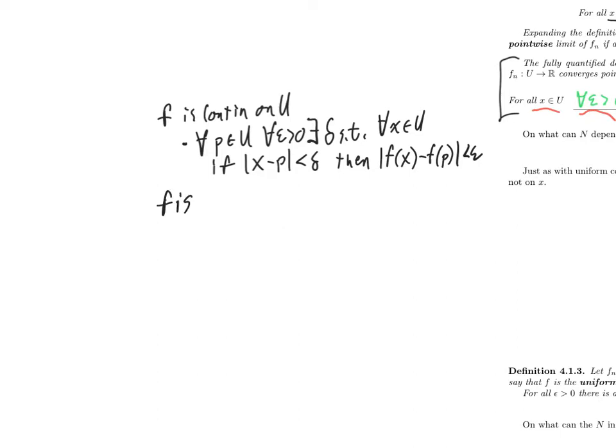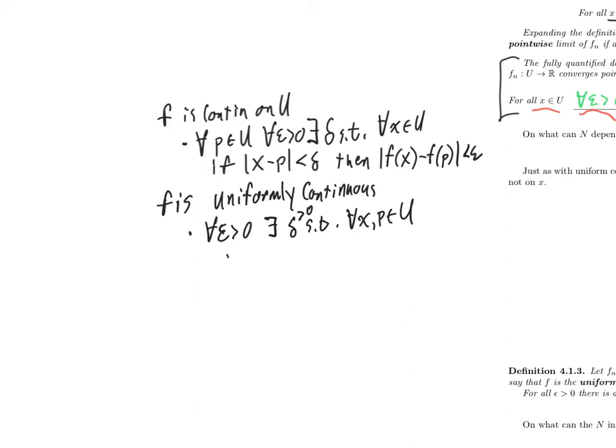We uniformized this definition by saying that the delta has to be the same for every x value. f is uniformly continuous if for every epsilon greater than 0, there exists a choice of delta greater than 0 such that for all x and p in the domain U, if the absolute value of x minus p is less than delta, then the absolute value of f of x minus f of p is less than epsilon.